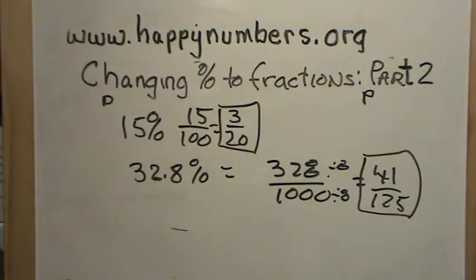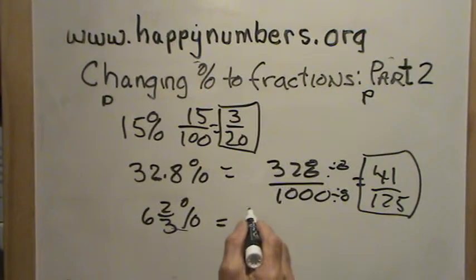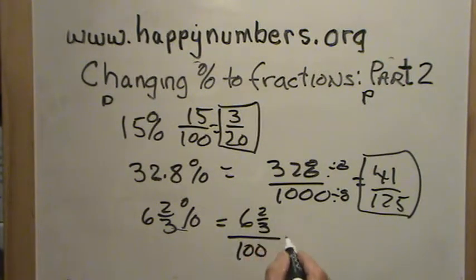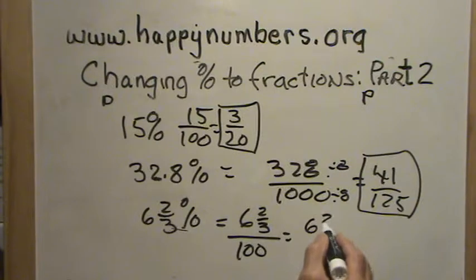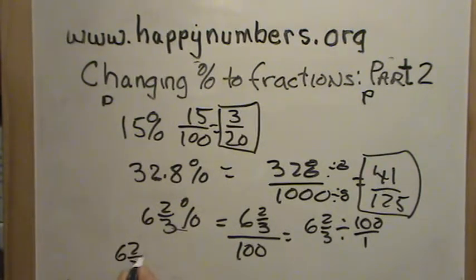And then the third way that we did, which was the one that we just looked at, we had 6 2/3%. Well, we go 6 2/3 as the numerator over denominator 100. Now that equals 6 2/3 divided by 100 over 1, which is the same as 6 2/3 times 1 over 100.